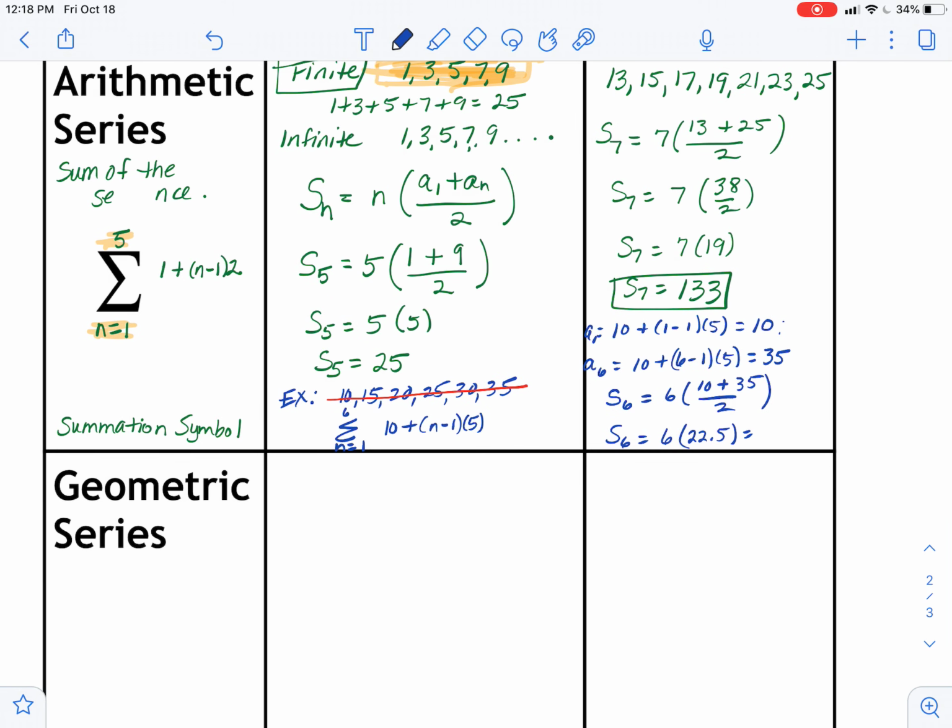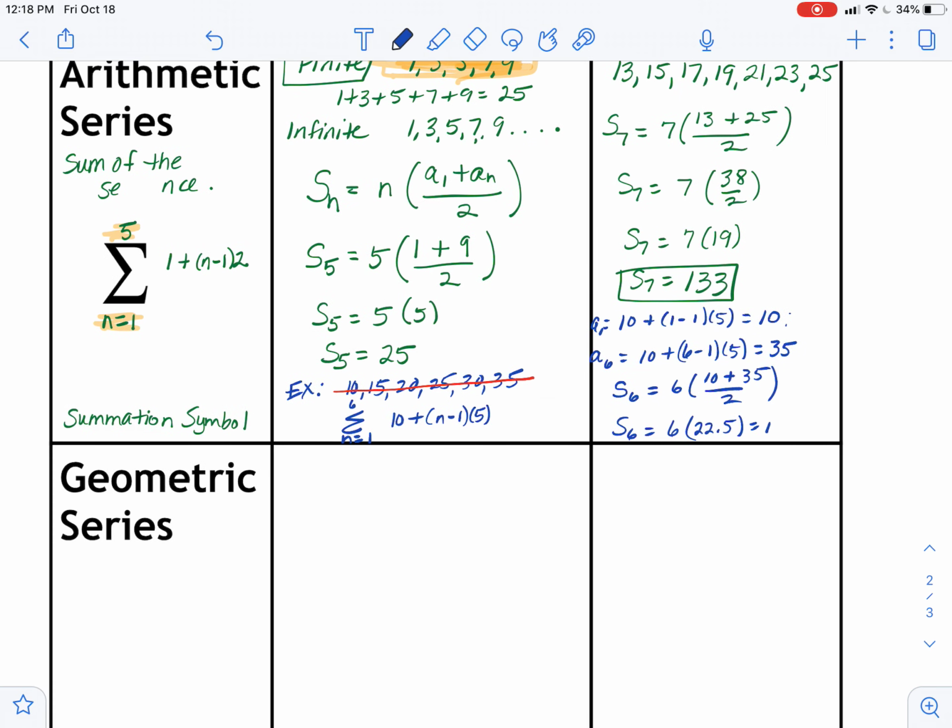And 22.5 times 6 is 135. Okay? So I could add those up. 10 plus 15 is 25, 25 plus 25 is 50, plus 20 is 70, plus 30 is 100, plus 35 is 135. That works, okay?